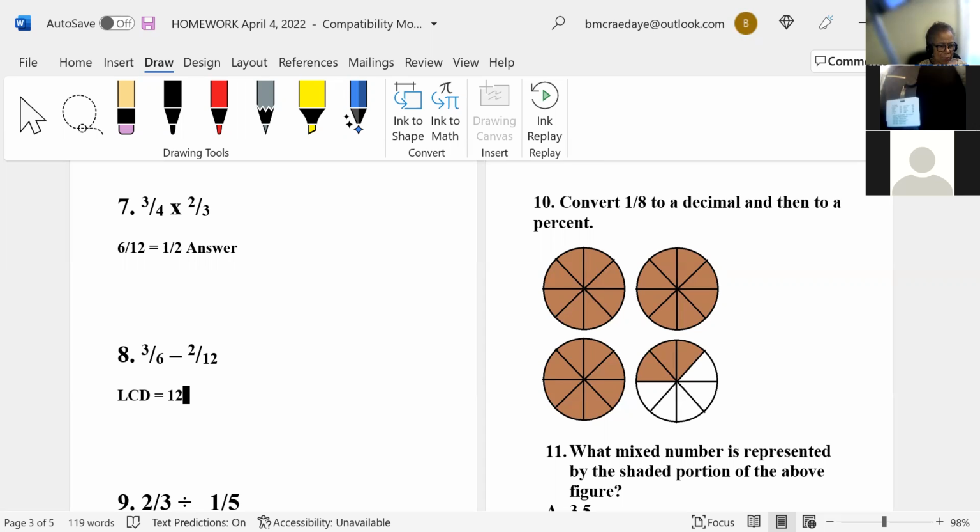So, Mercedes, 3/6 is what over 12? I'm going to try to turn the 6 into 12.